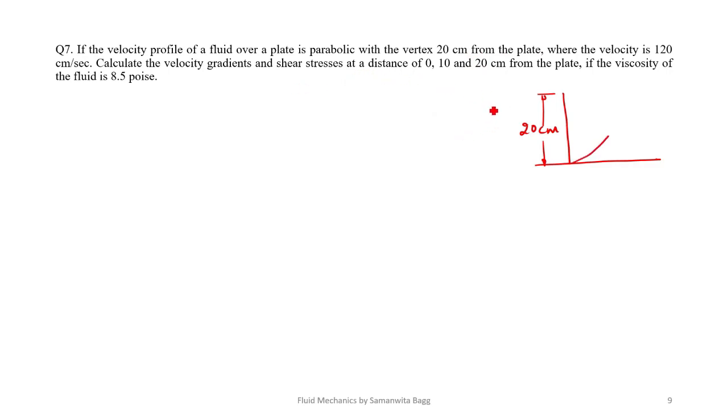So this is my velocity profile which is parabolic. At this height, the velocity u is 120 centimeters per second, which will make it 1.2 meters per second. Calculate the velocity gradients and shear stresses at a distance of 0, 10 and 20 centimeter from the plate.